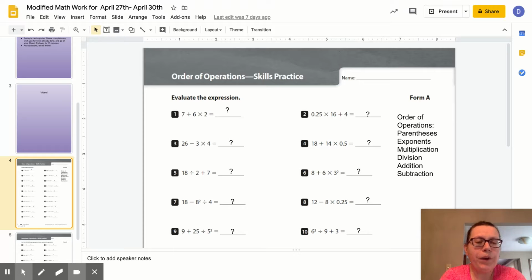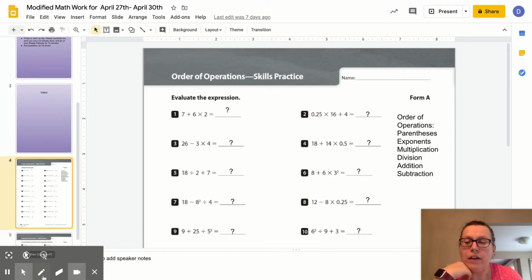So if you are looking at the order of operations skills practice worksheet on slide 4 of the Google Slides presentation, you will see a bunch of different problems.